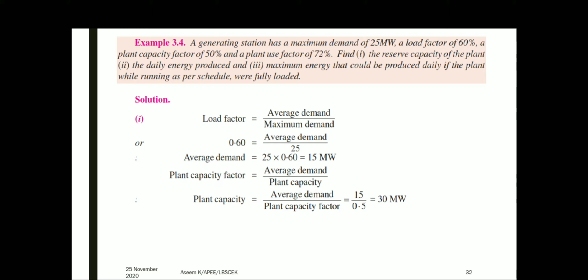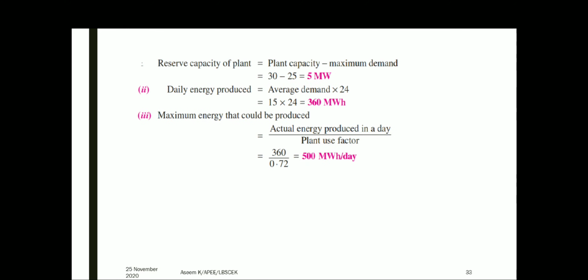Plant capacity factor is average demand by plant capacity. So from that equation, plant capacity is average demand by plant capacity factor, that is 15 divided by 0.5, 30 megawatt. So you got plant capacity and maximum demand. Now the reserve capacity of the plant is plant capacity minus maximum demand, that is 30 minus 25, 5 megawatt.